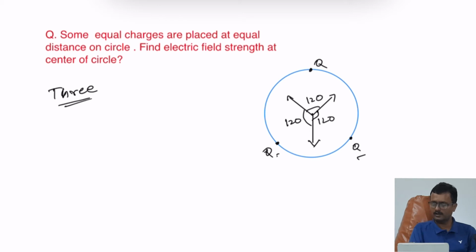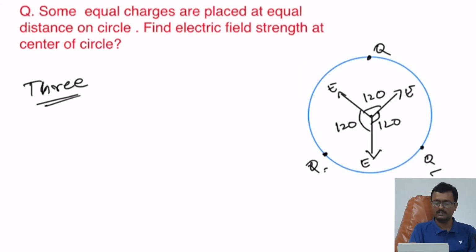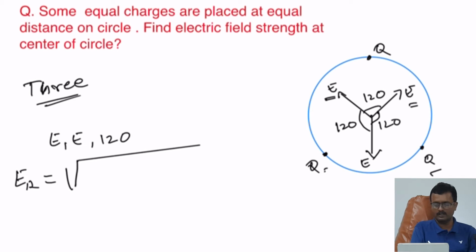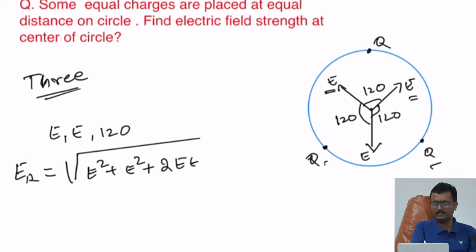See here, the magnitudes of these three vectors are the same. Assume the magnitude of these vectors is E. First I want to calculate the resultant of these two. Here the magnitudes are E and E making an angle 120 degrees. So E resultant vector is equal to square root of E² plus E² plus 2EE cos 120.